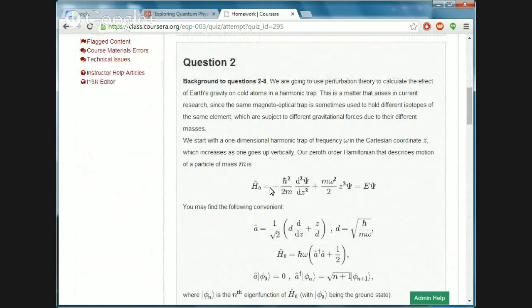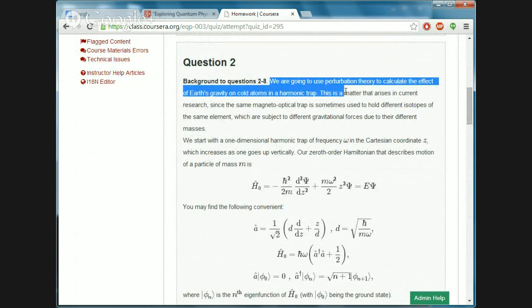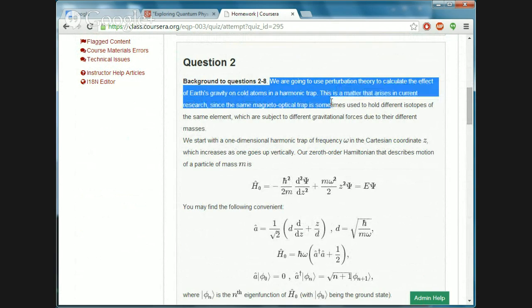And so it used perturbation theory to calculate the effect of Earth's gravity on atoms in a harmonic trap.